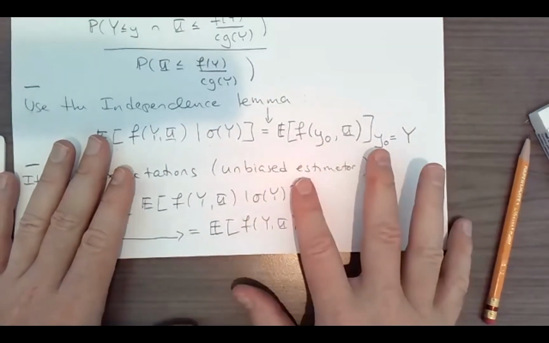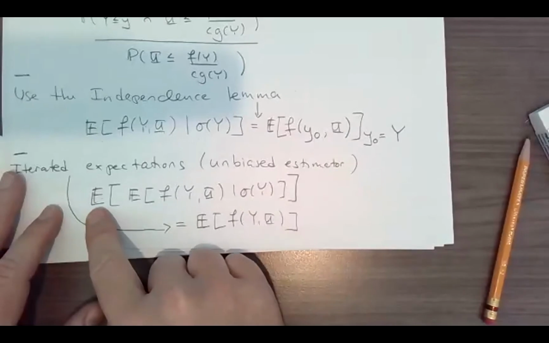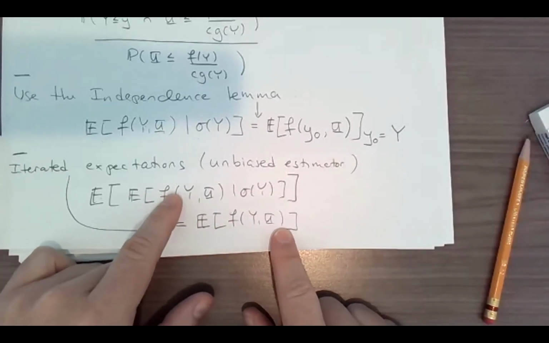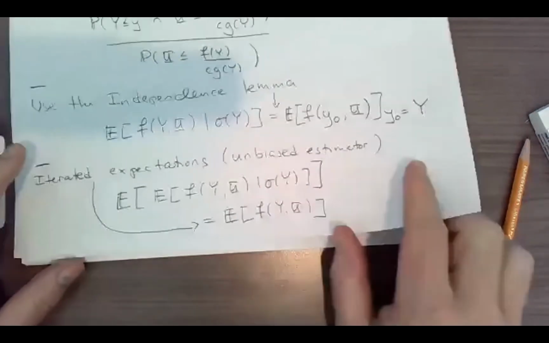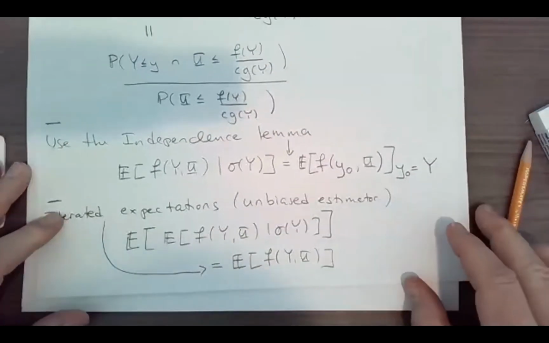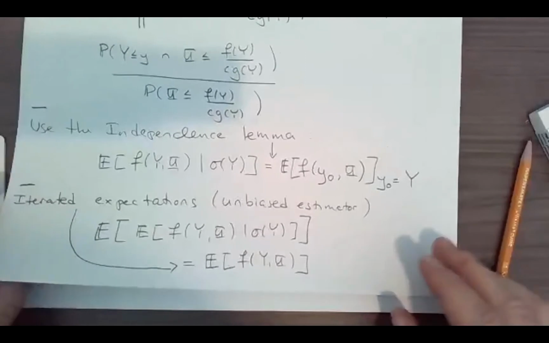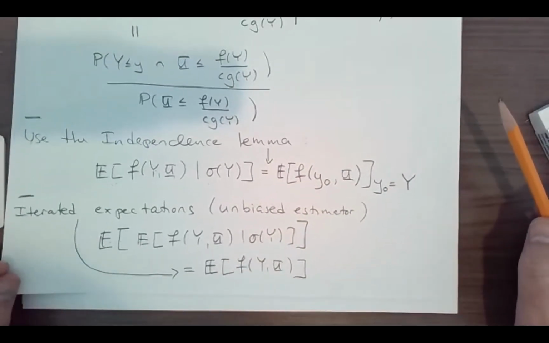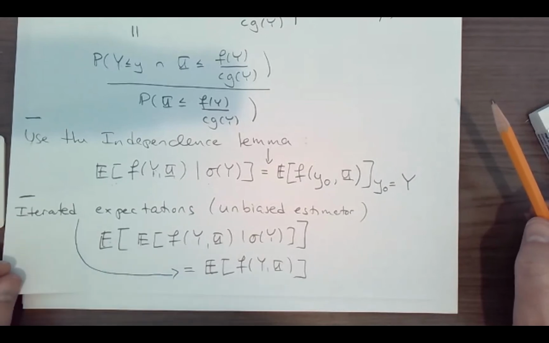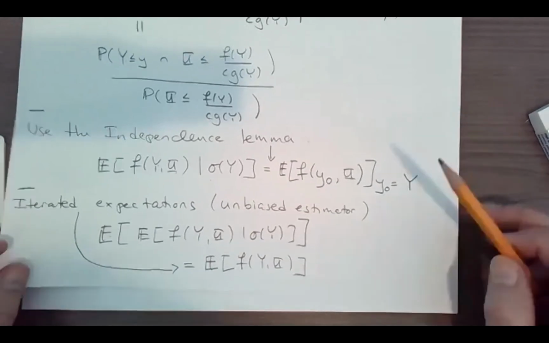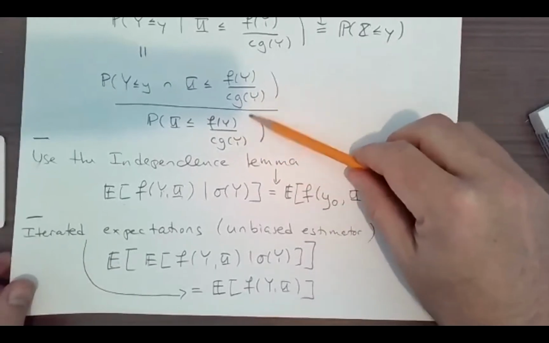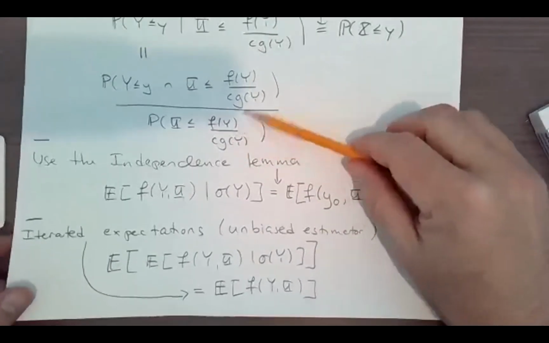It's unbiased because when I take the average of the estimate, I'm going to get exactly the same thing as when I take the average of the thing I'm trying to estimate. So it's an unbiased estimate. These were things that we had used in 6.2.1, and now we're going to use them again. We're going to work on these two probabilities.